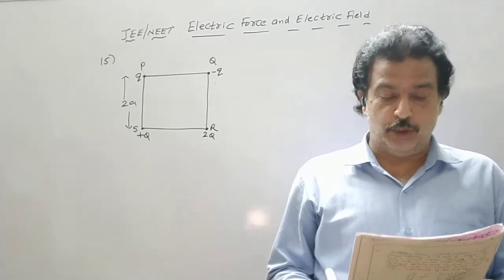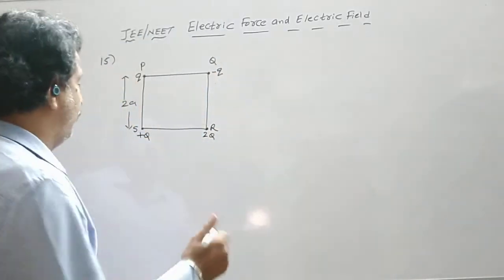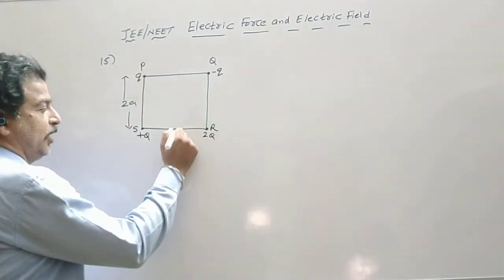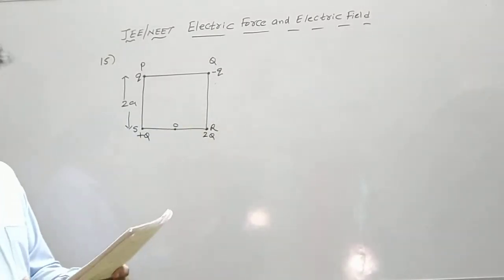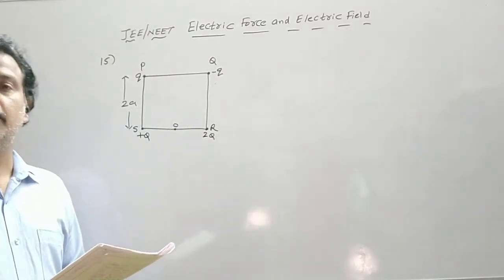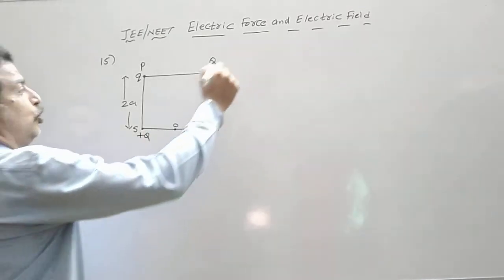The field at the midpoint of the side RS is 0. So if we take a midpoint, let us denote it by O. It is given that the field at the midpoint is 0. What is the value of q by Q?